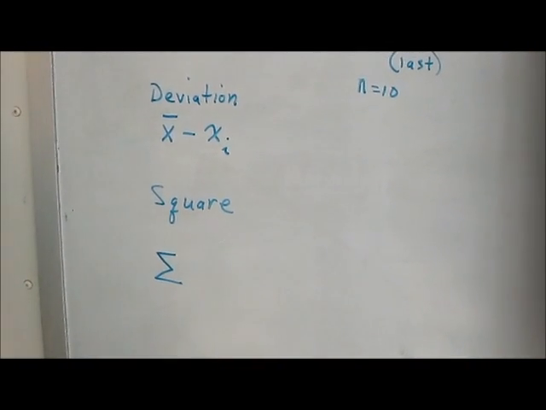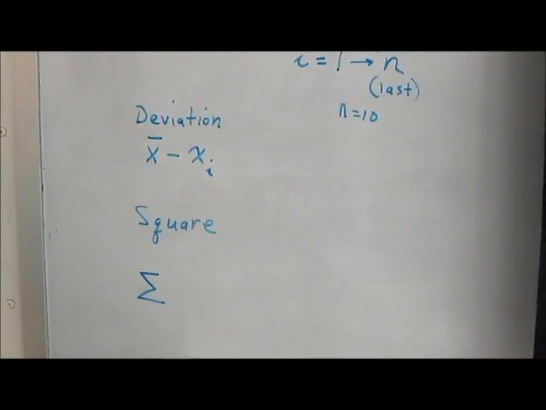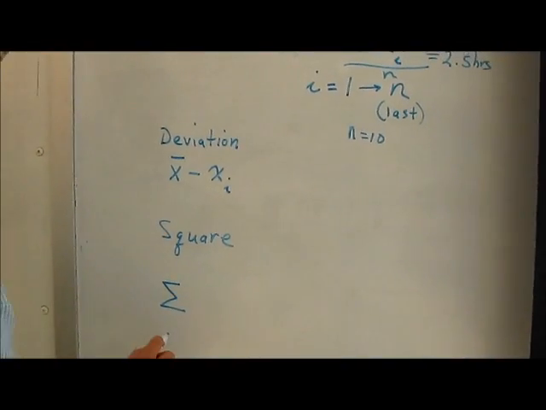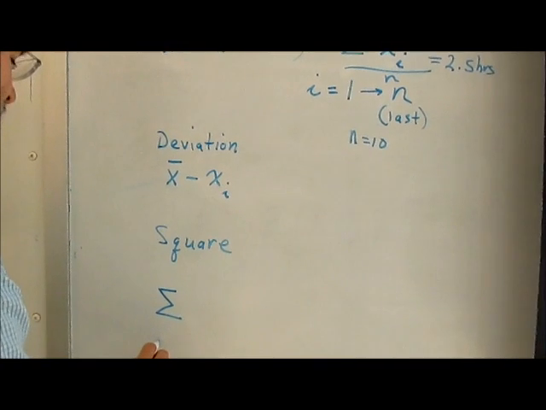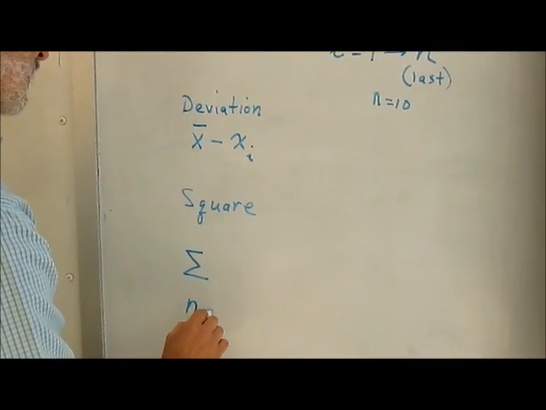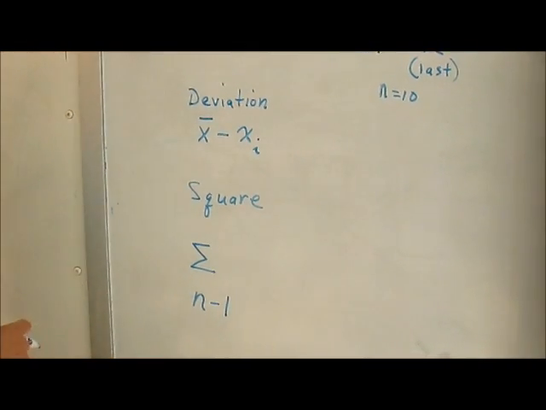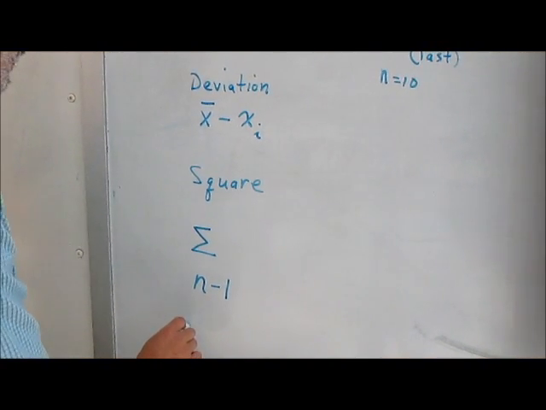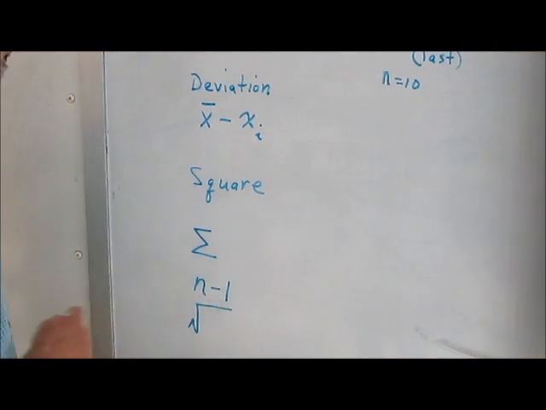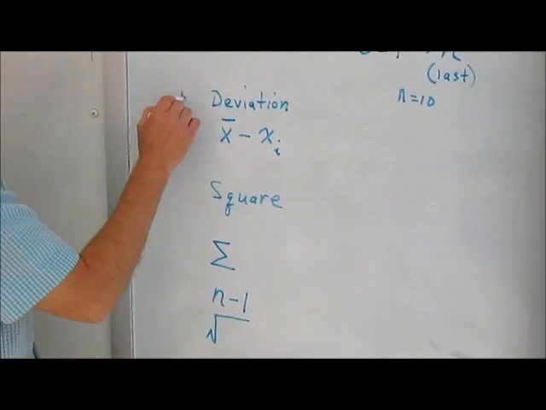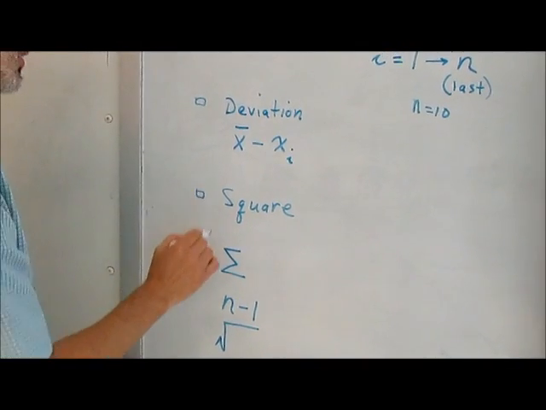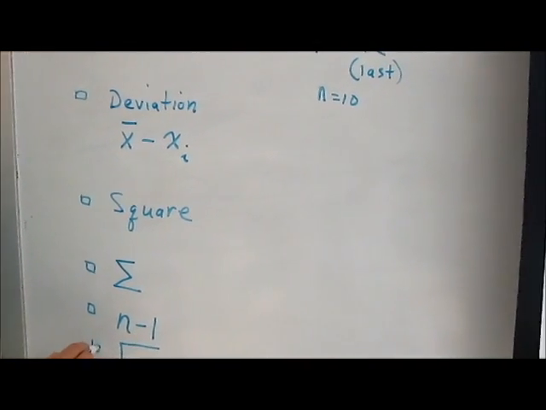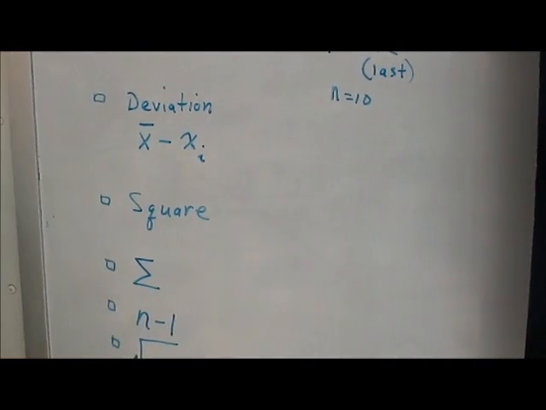And the last two ingredients I need for a standard deviation are an n minus 1, I'll talk about that, and finally I need a square root. That's what I need. Let's go back up to deviation and talk about an example of how we calculate that.